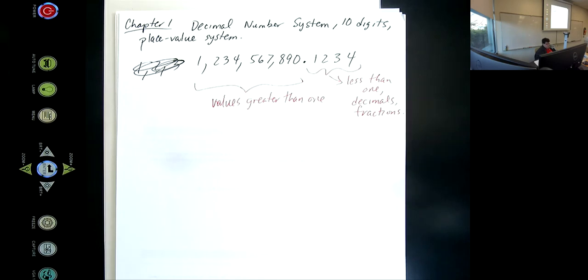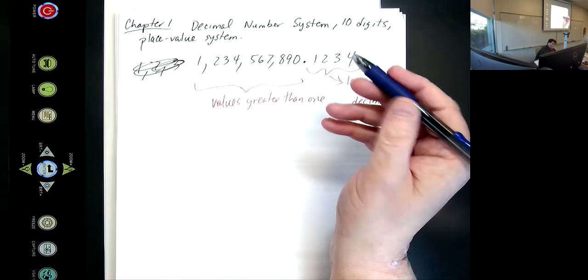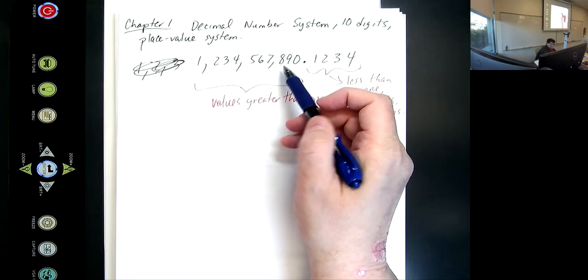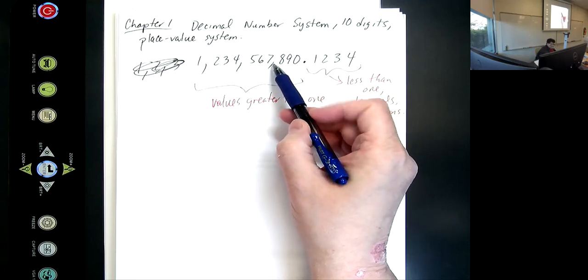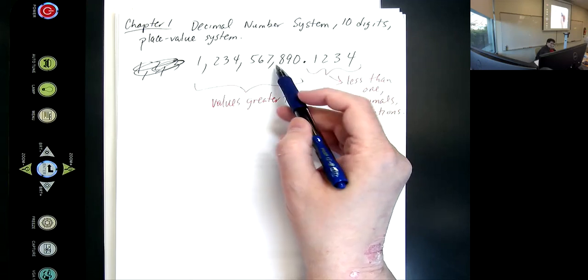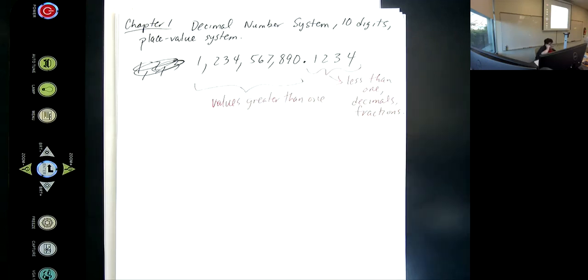Generally, as we go to the left, we write numbers bigger, of course. If you're going to have more than 3 numbers, put a comma between them so it makes it easier to read.